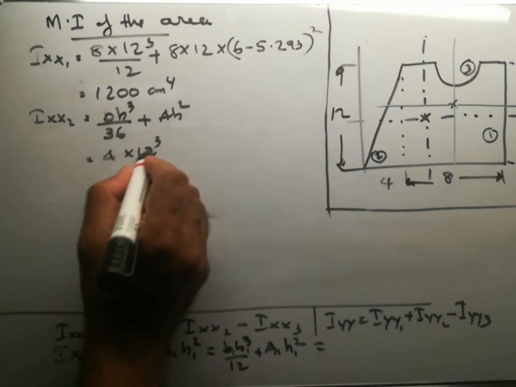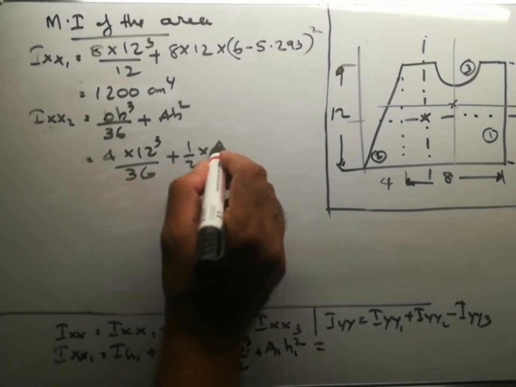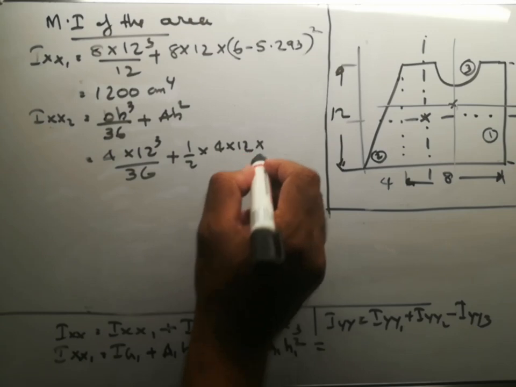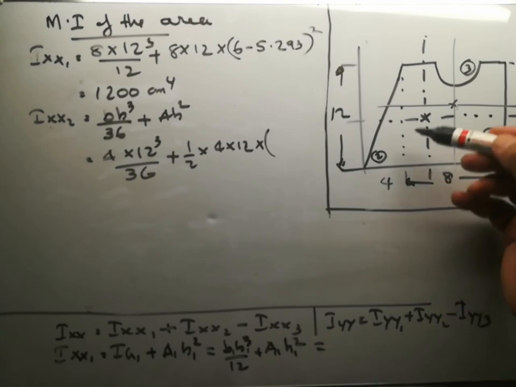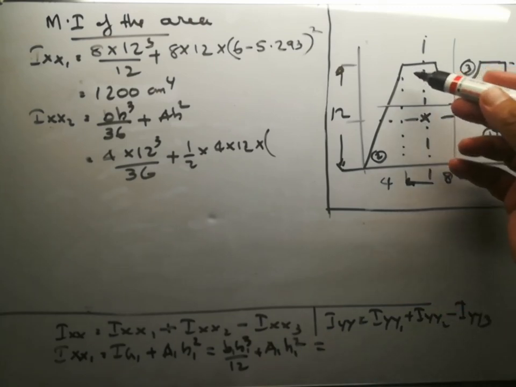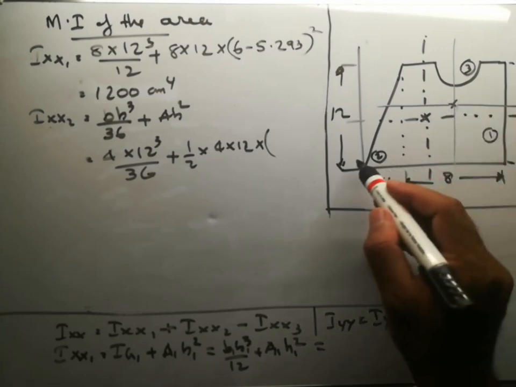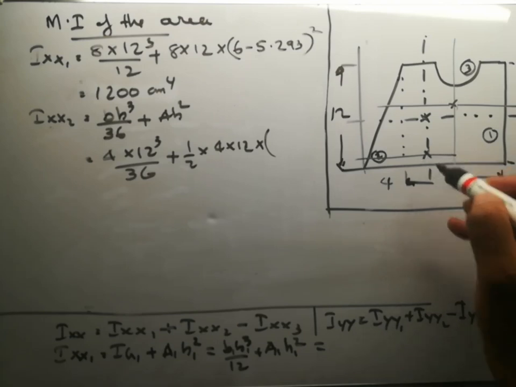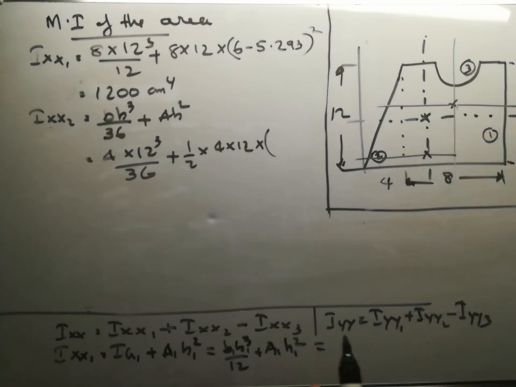So it is 4 into 12 cube by 36 plus A, which is half into 4 into 12, into H2 square.